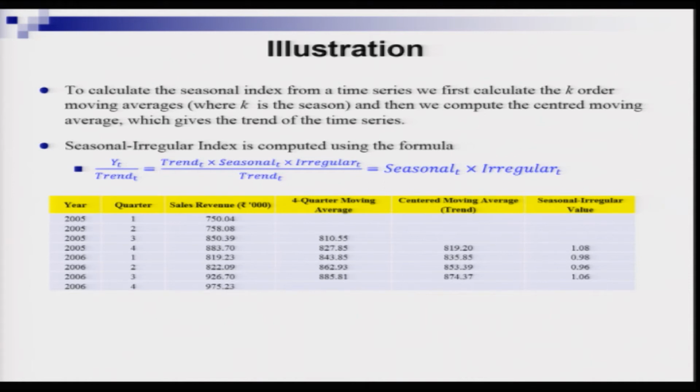So, basically we need to first compute the 4 quarter moving average. I am showing you the numbers for the 4 quarter moving average figures, and you can now try your hand to apply the formula that you have learned from today's lecture on the sales revenue figures that I am showing you in column 3, and then you can get the 4 quarter moving average numbers, and that is basically the non-centered 4 quarter moving average number.